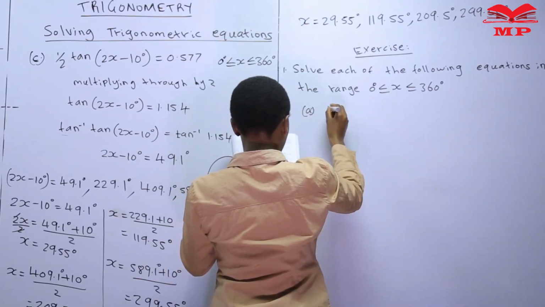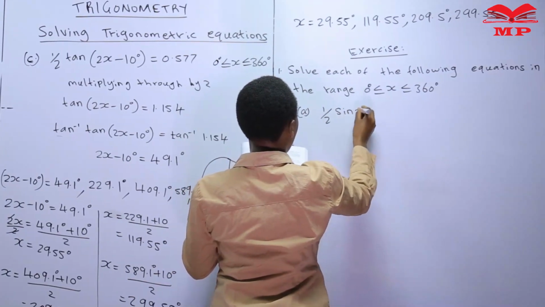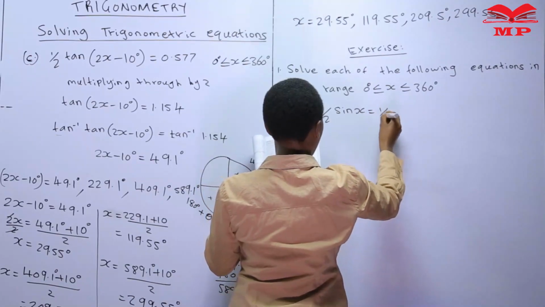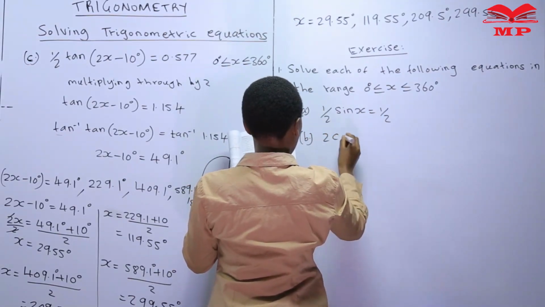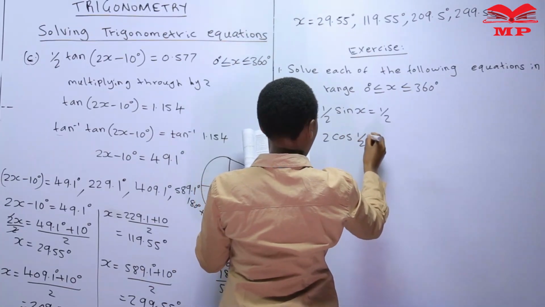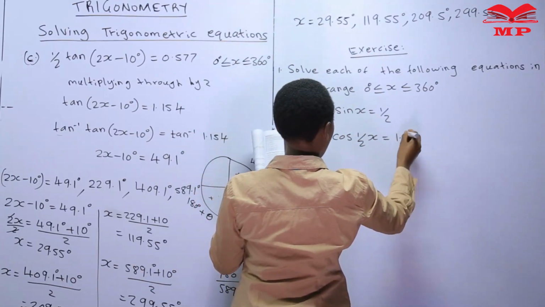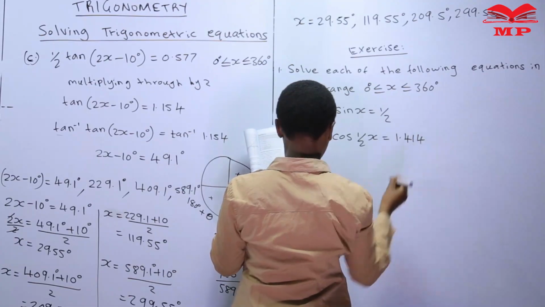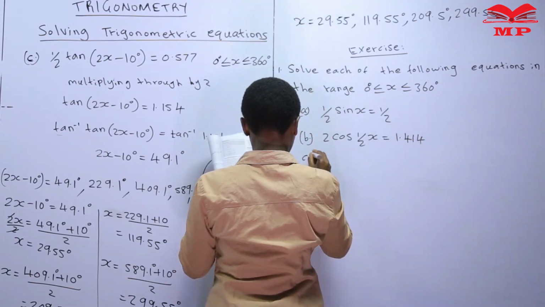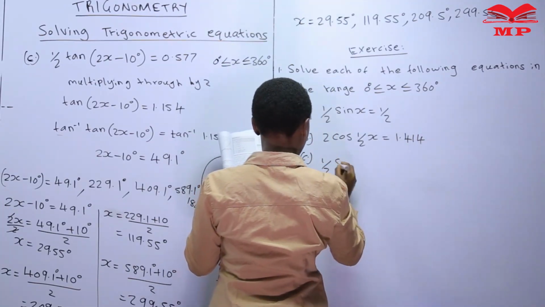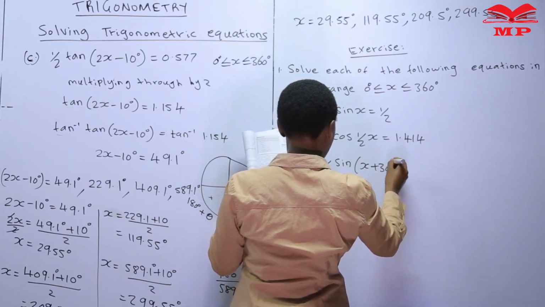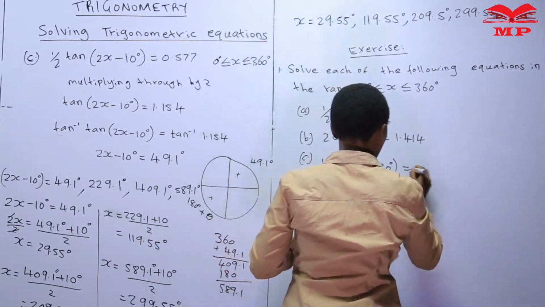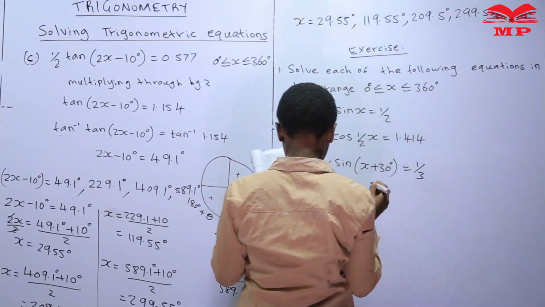For the first part, we have a half sine x is equal to a half. B, we have 2 cos a half x is equal to 1.414. Then we have C, sine x plus 30 degrees is equal to 1/3.